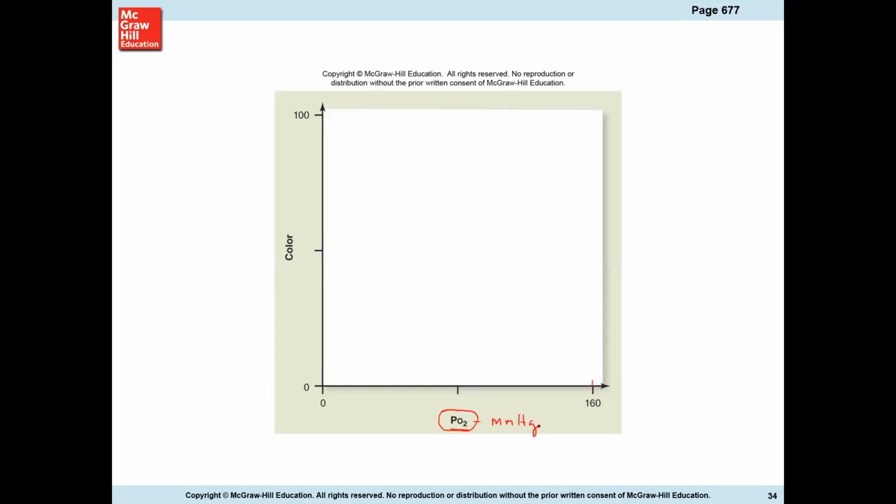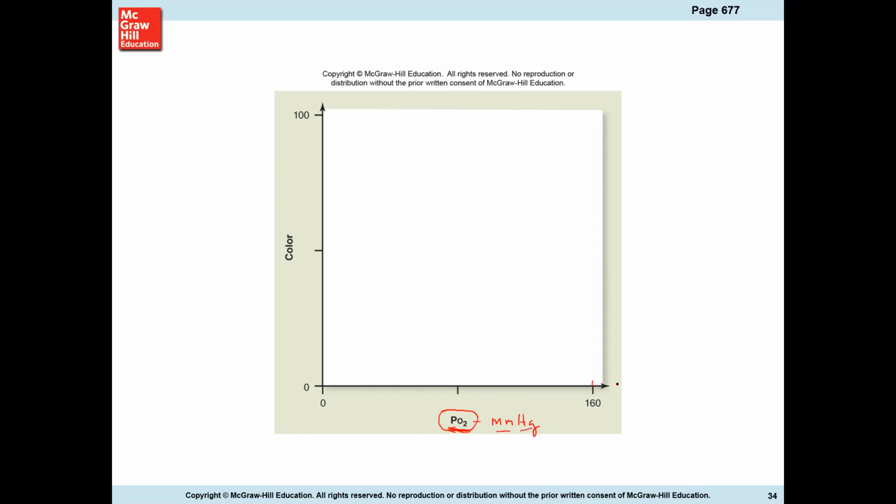There was another dead guy. His name is Dalton. He says that each gas in the atmosphere, like nitrogen, oxygen, carbon dioxide, exerts a pressure on your lungs as if they were acting individually. So, of course, we're interested in the partial pressure of oxygen, which is measured in millimeters of mercury.